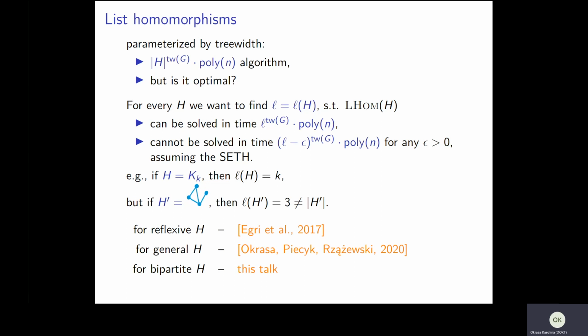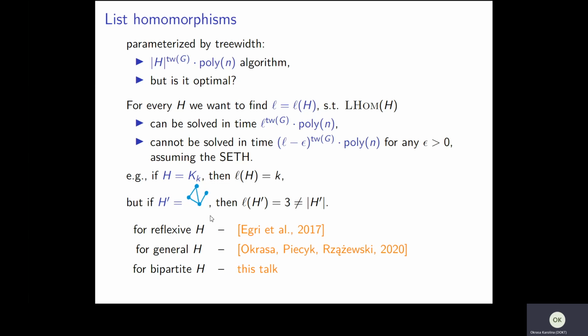Right. So this problem was primarily considered by Pavel, who is one of my co-authors here, together with Laszlo Egri and Daniel Marx. Forgive me if I did something weird with the names, but hopefully not. And they managed to solve the case in which we assume that H is reflexive. So this means that each vertex of H has a loop.